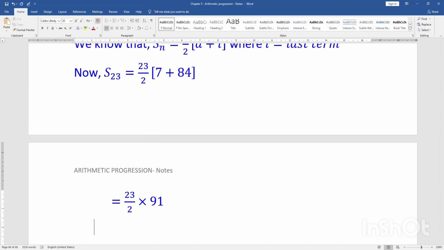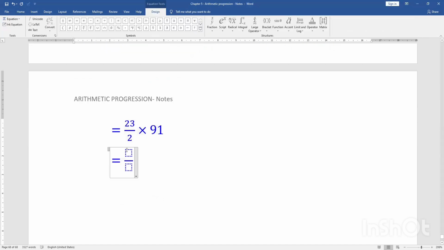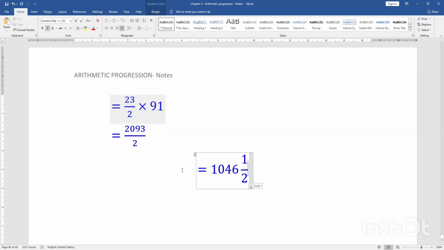It's nothing but 2093 by 2. If you convert it into a mixed fraction, you will get 1046 1 by 2.